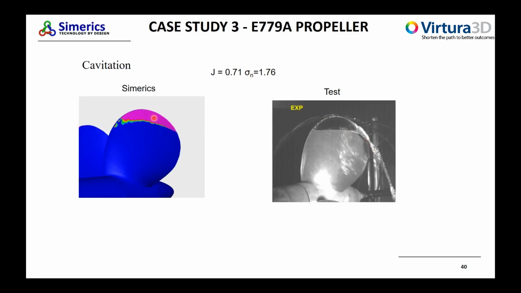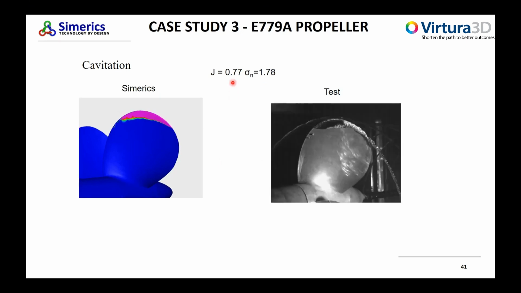As we know, the quantitative numbers are good, so now we are looking qualitatively at the size and the shape of the bubble that gets formed. For J 0.71 and sigma 1.76, the bubble looks quite similar to what they captured in the test video.